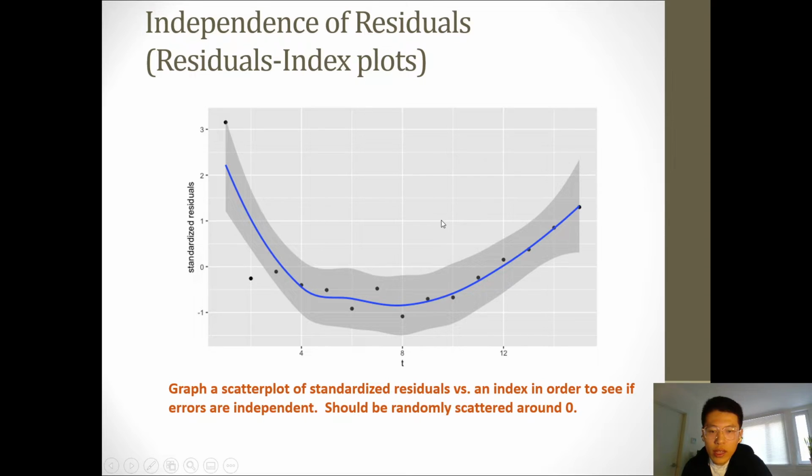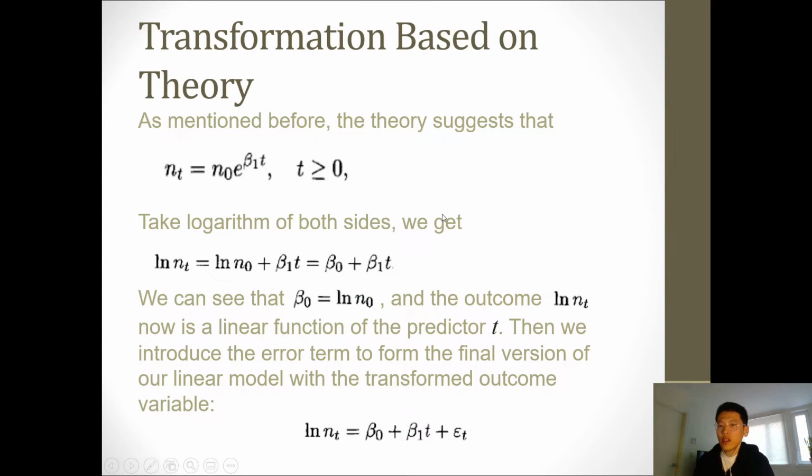Okay, so next. As we mentioned before, this is our theoretical model here. However, this model is not a linear model. So what we can do is transform the variables to make it into a linear model.